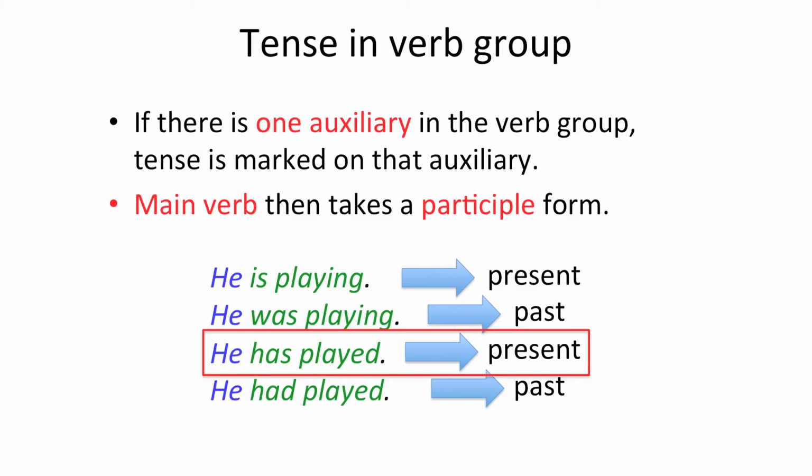So we only look at the first verb when deciding what tense a clause has. Exactly what is going on here with the auxiliary have and the past participle form of the verb will be explained in detail in the next lecture on aspect. The difference between present tense, he has played, and past tense, he had played, should become clearer after watching that video.